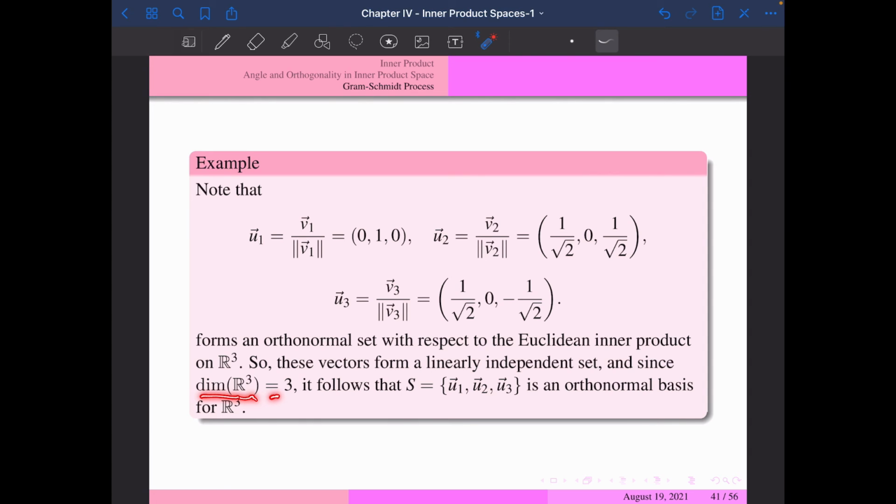So what does it mean? It means that this set is a basis for R3, and this set is an orthonormal set. So we can conclude that the set of u1, u2, and u3 is an orthonormal basis for R3.